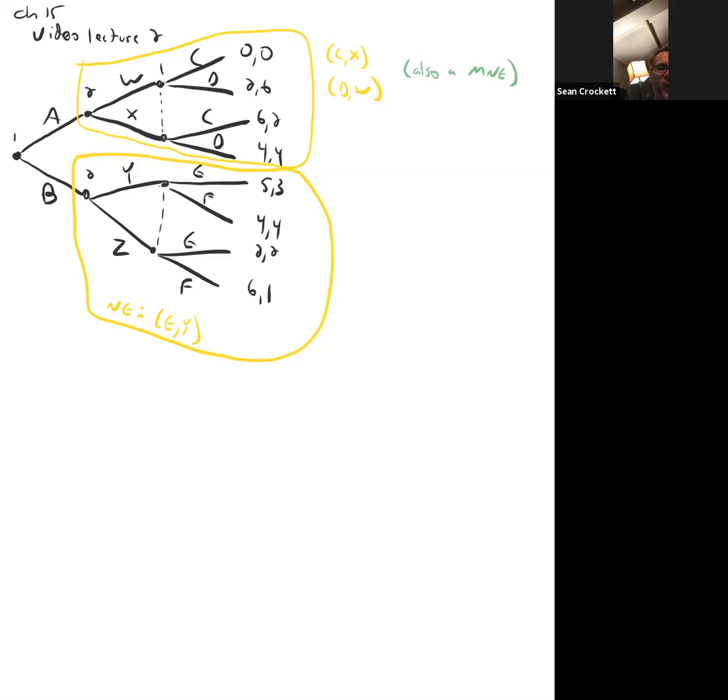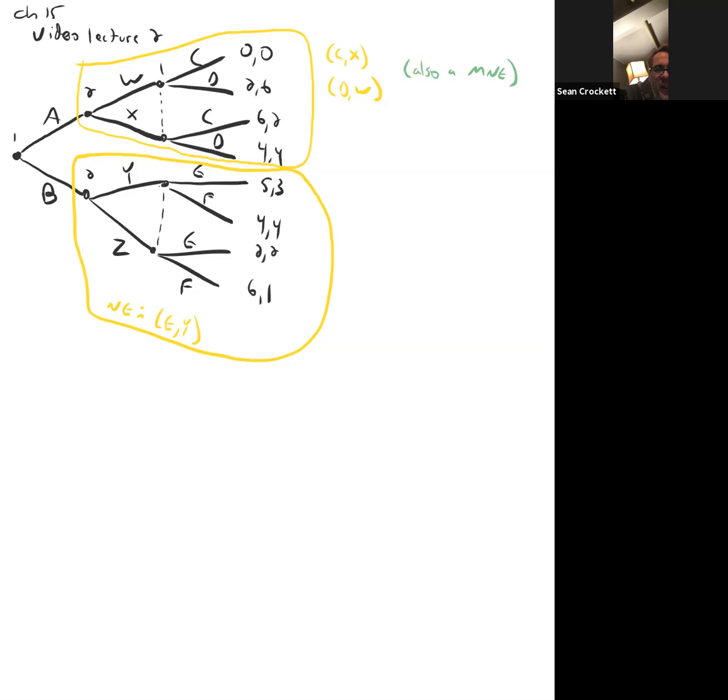So when player 1 makes the choice of A or B at the first node, in an equilibrium, he'll know which equilibria all the subgames are played in as well. So he'll know whether the top subgame is played in the CX equilibrium or the DW equilibrium.